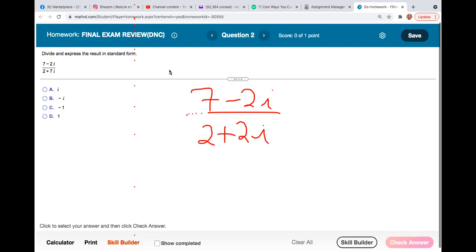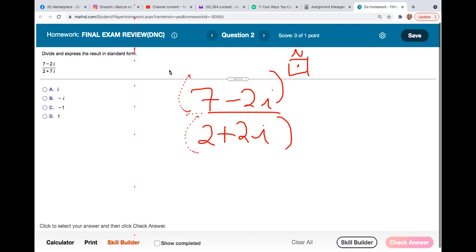On the TI-83 or 84, right above the decimal point, you will see the imaginary unit. To type this in, you would open parentheses in the numerator, 7 minus 2i, close the parentheses, and then divide by open parentheses in the denominator, close the parentheses.